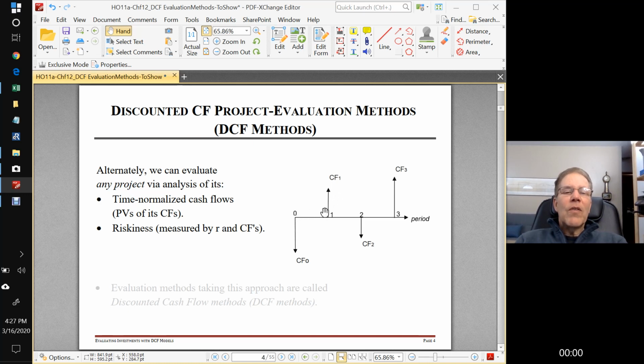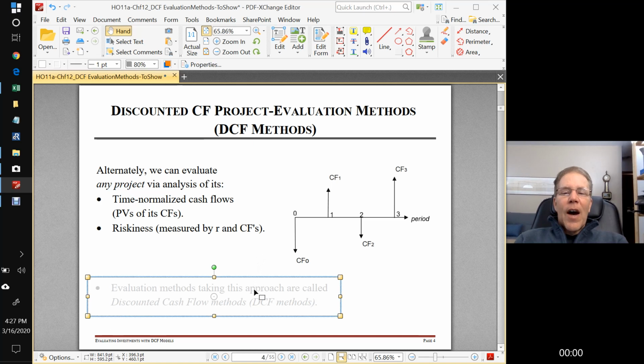And we use our PV-FV formulas to make that translation. So using these time normalized cash flows and an understanding of how risky a given project is, we're going to be able to evaluate any project that we want.